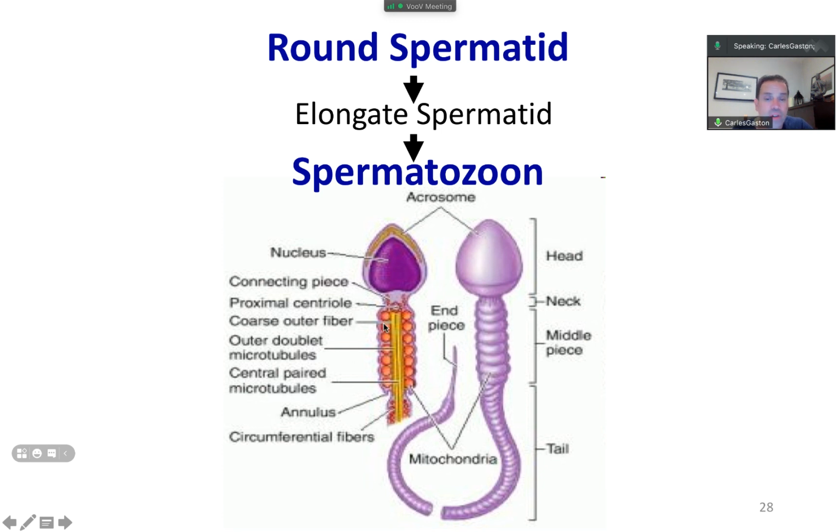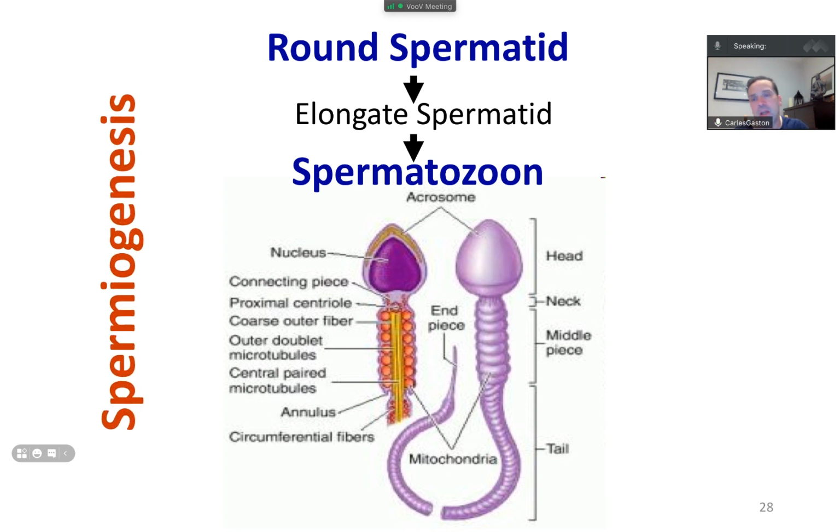This is very important for the motility, and that will be, at the end, the final differentiated spermatozoon. So this will complete the effects of spermatogenesis.